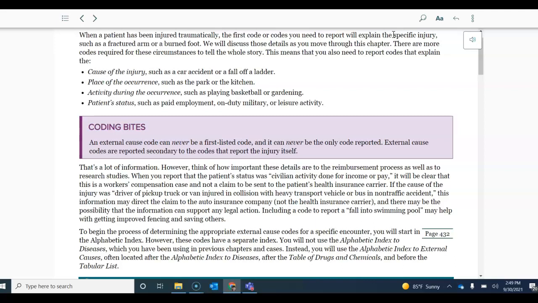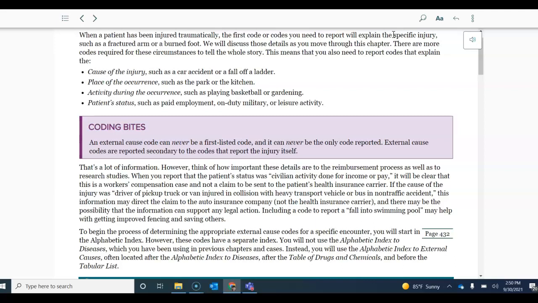And it's going to give you options of child assisting in compensated work for families, civilian activity, leisure activity, military activity, all those kinds of things. They want to know why the patient was doing the activity.